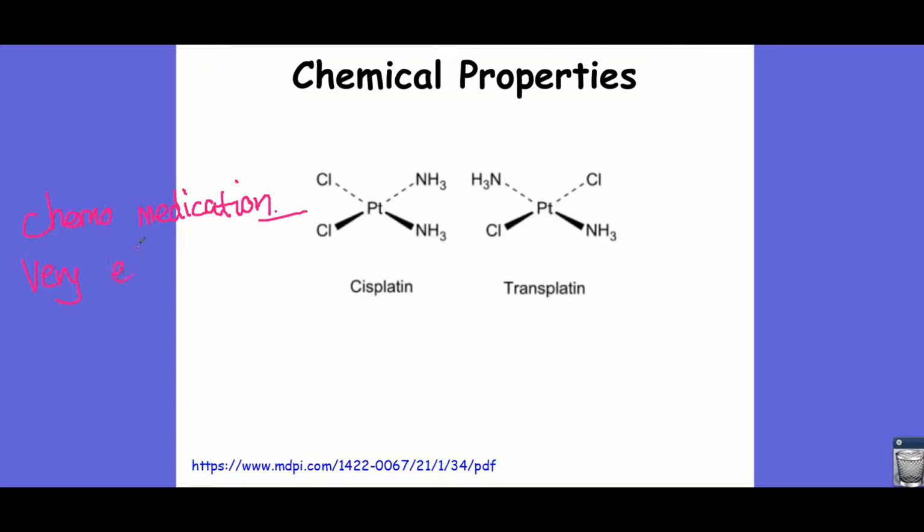It's used to treat a lot of different types of cancers, but has horrendous side effects, especially sickness. While it has horrendous side effects, it can cause extreme sickness.